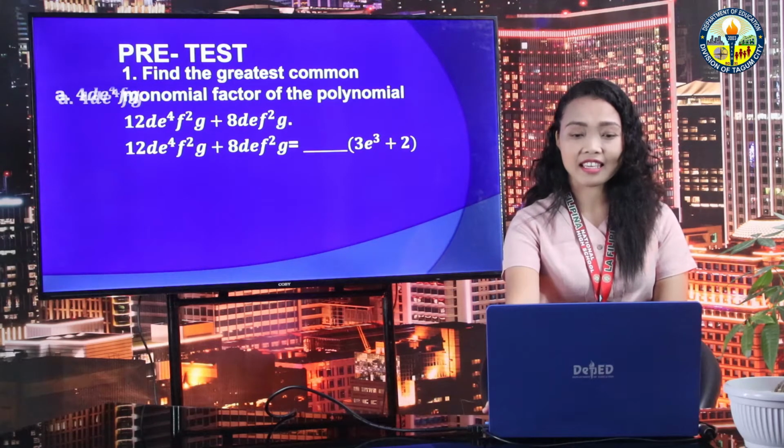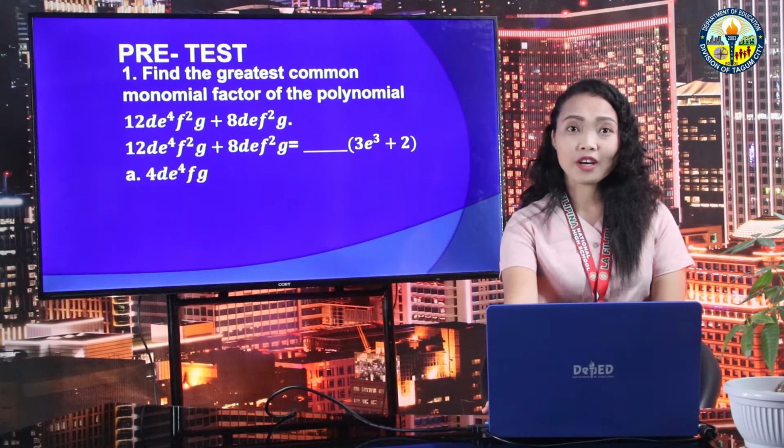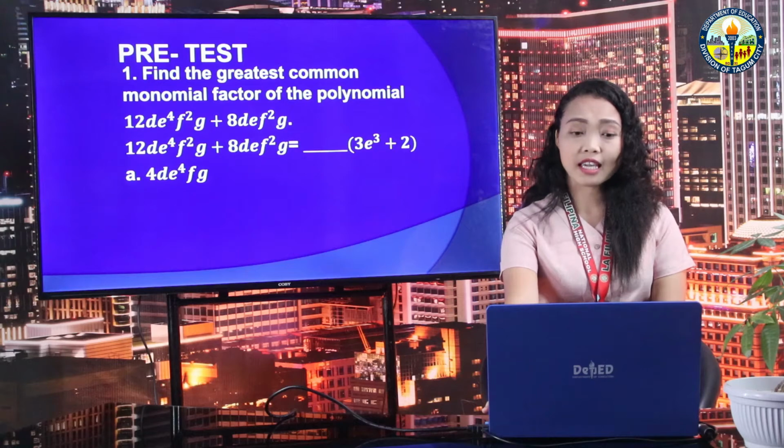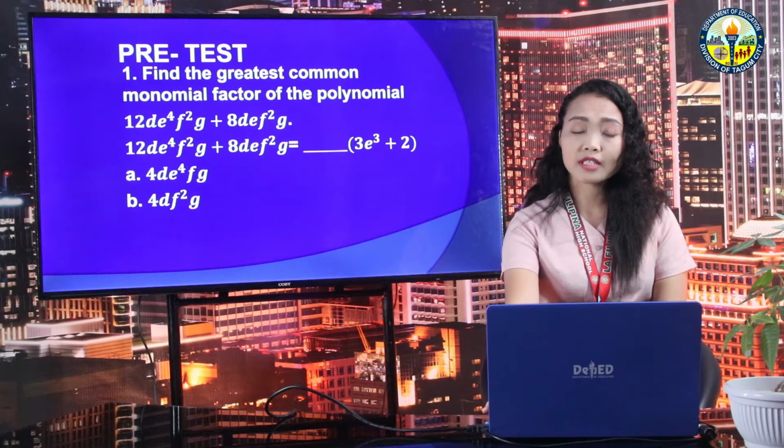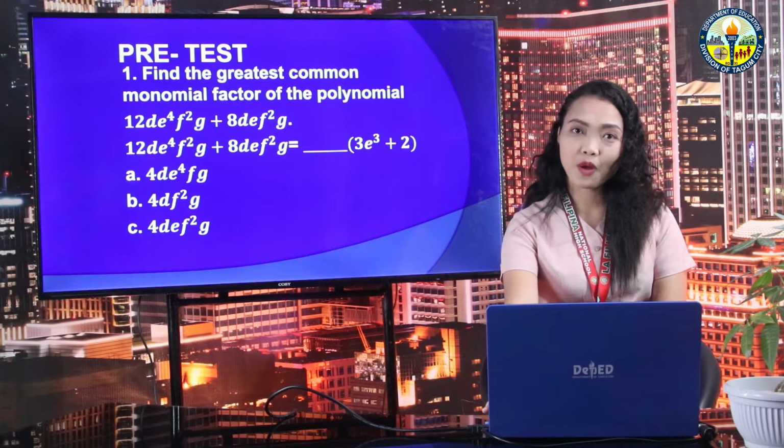Is it A, 4de to the 4th power fg, or letter B, 4df squared g, or letter C, 4def squared g?